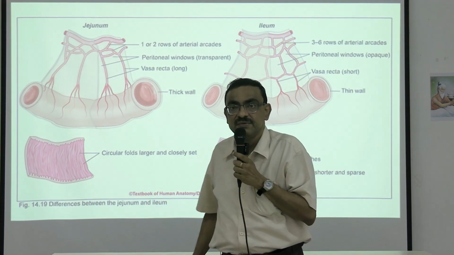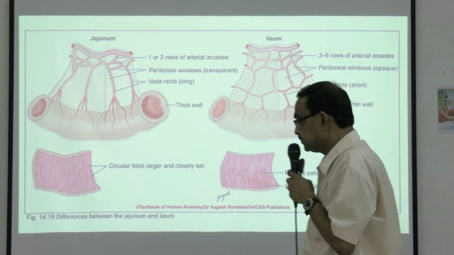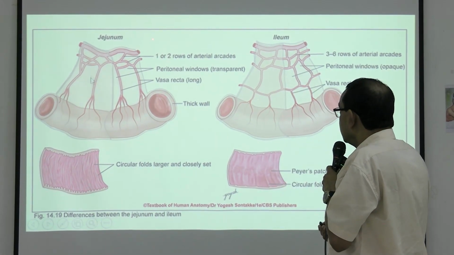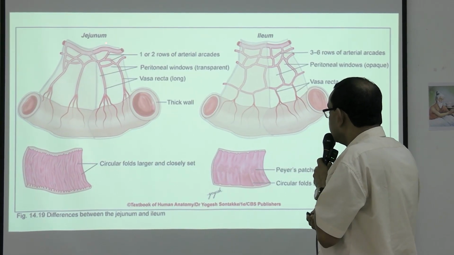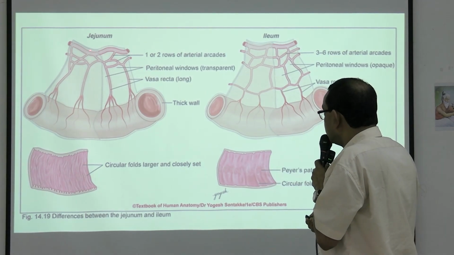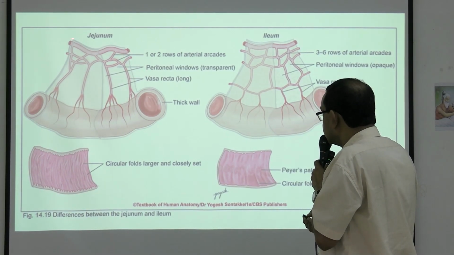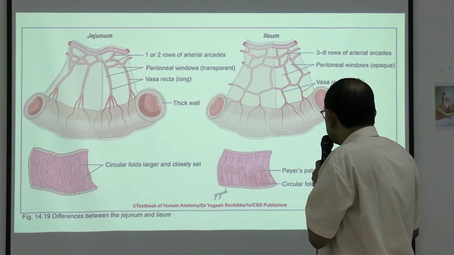You can find there are arterial arcades. Here we can find this is the artery, parent artery, from where we can find their arterial arcades. And here we can find the arterial arcades.